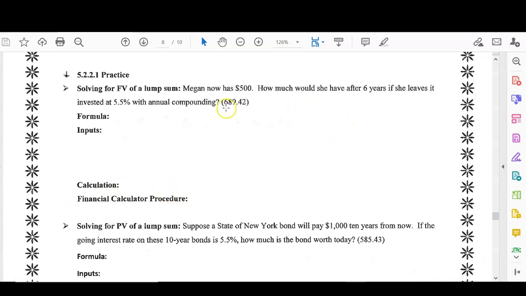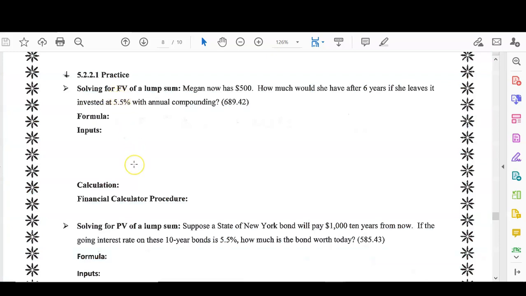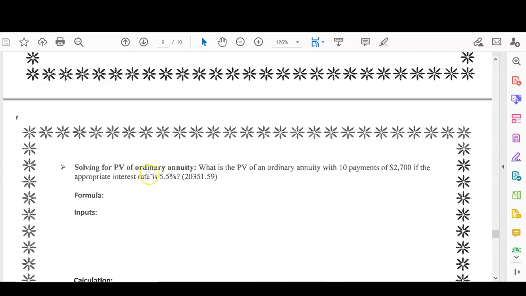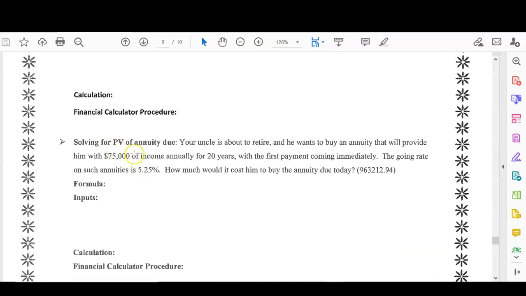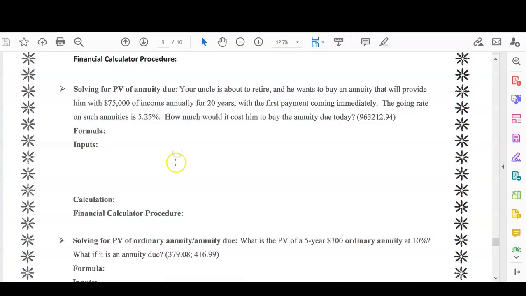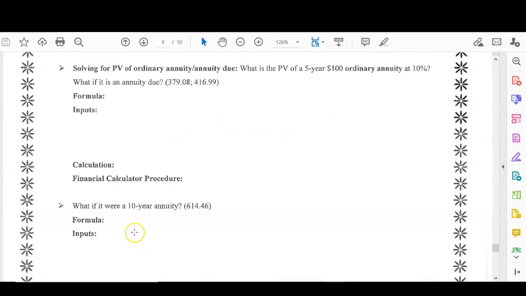And then you can check with the numbers in the brackets here to see if you did it correctly. We have all the major categories of practice here: future value of lump sum, present value of lump sum, future value of ordinary annuity, present value of annuity, present value of annuity due.